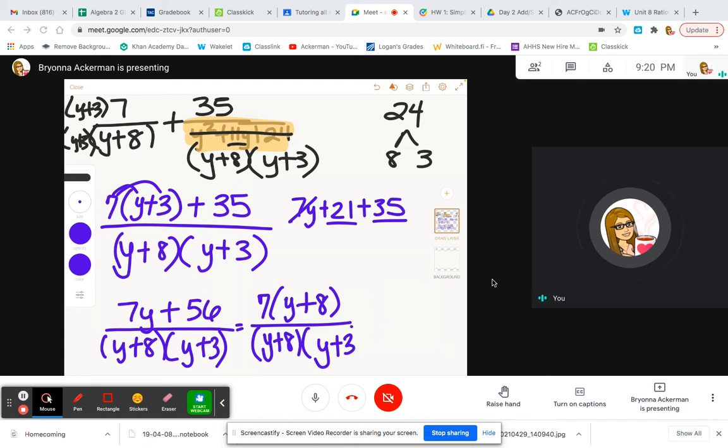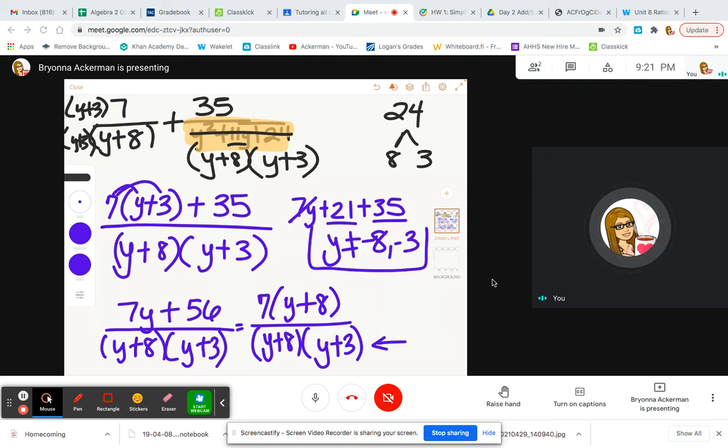Before you eliminate anything, make sure you set the bottom equal to 0 to find the restrictions. Since the denominator can't equal 0, you set each factor equal to 0 to see what the restrictions would be. In this case, y plus 8 equals 0 means y cannot be negative 8, and y cannot be negative 3.